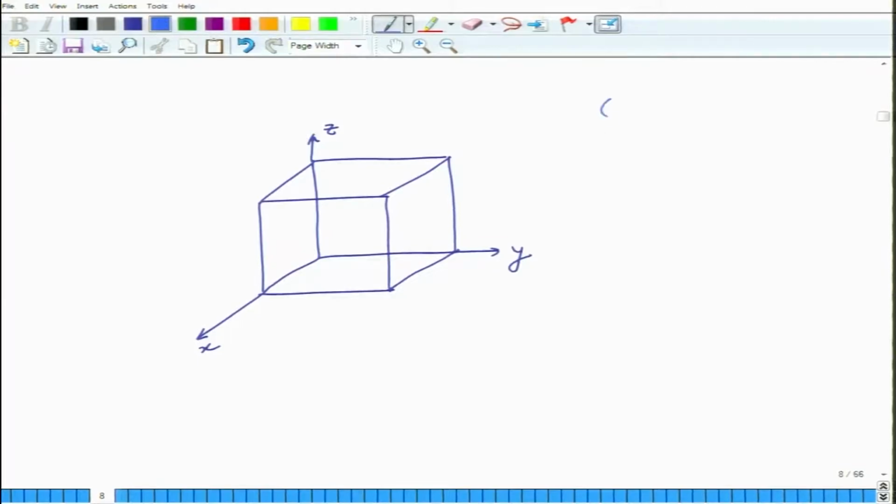Let us say I want to draw the 1 bar 1 0 plane. HKL is 1, minus 1, 0. The intercepts are 1, minus 1 and infinity, taking reciprocals.